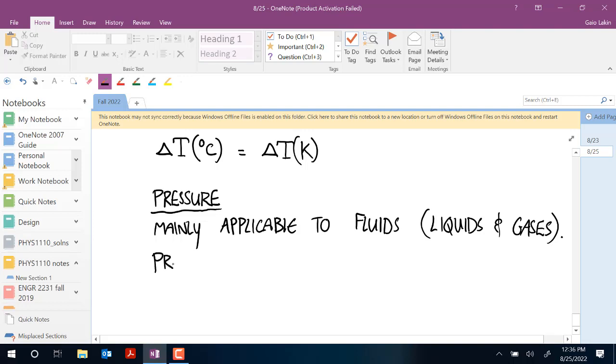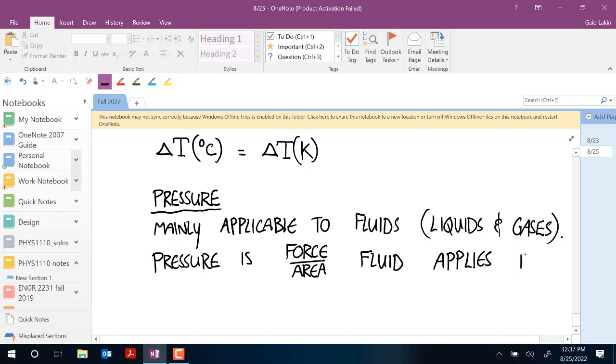And the pressure is the force per area that a fluid applies perpendicularly to a surface.